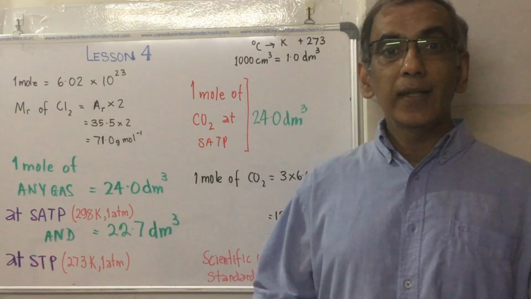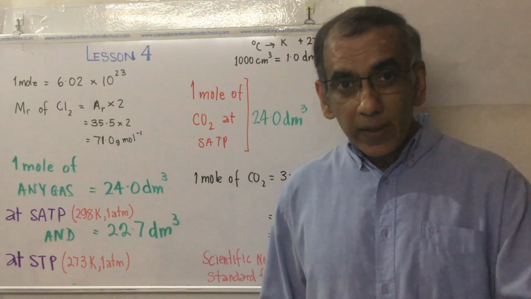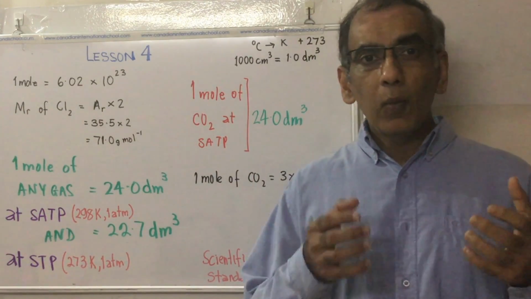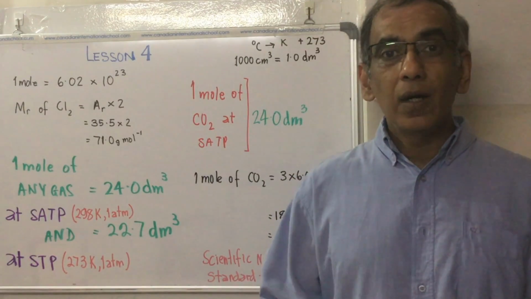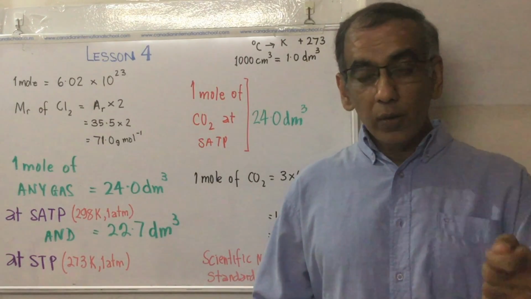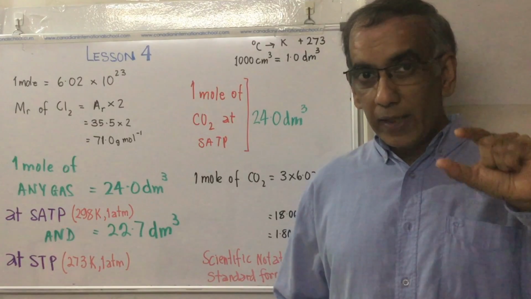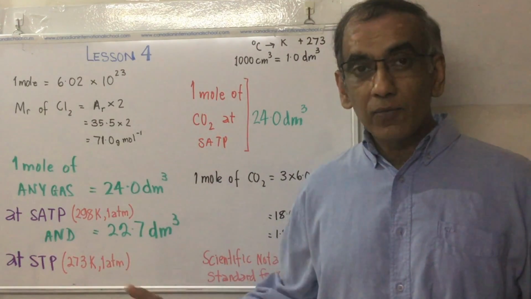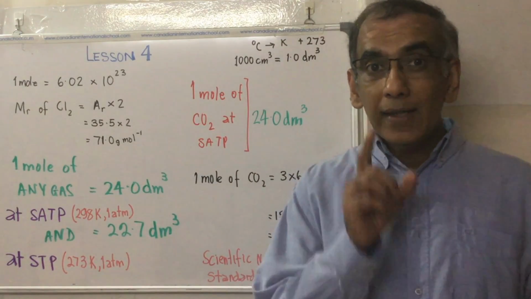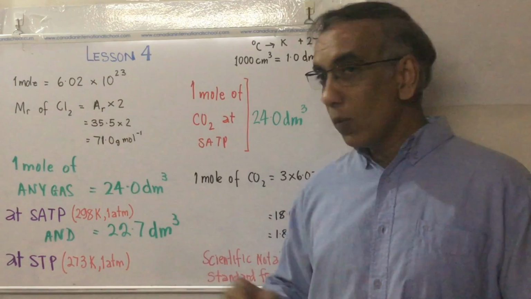But what about something like chlorine, a molecule, whose relative atomic mass you would find in the periodic table as 35.5? What is the mass of 1 mole of chlorine gas? Well, you go into the periodic table, see 35.5 for 1 chlorine atom, and multiply that relative atomic mass by 2 to get the relative molecular mass of the Cl2 molecule, which comes to 71.